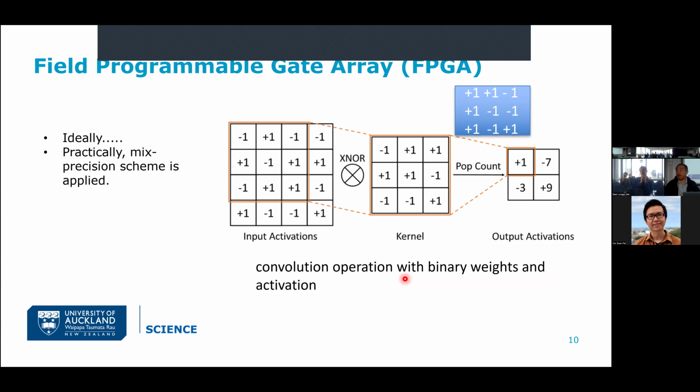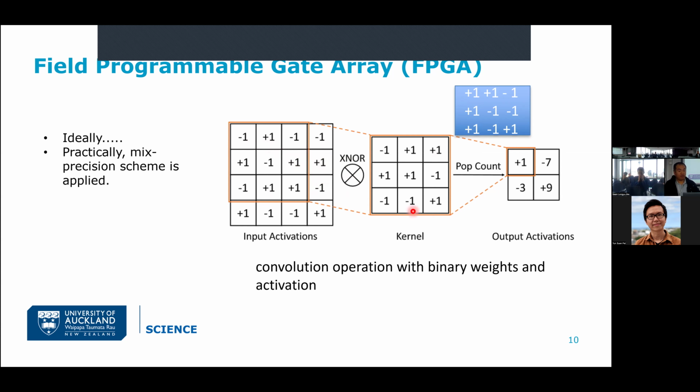And what type of work can an FPGA do? Here is a very basic example of convolutional operations with binary weights and binary activations. The input here is a grid representing the input data to the convolutional neural network layers. In this diagram, the activations are all represented by -1 and positive ones, suggesting the use of bipolar encoding, where -1 probably represents 0 and the positive ones represent 1.